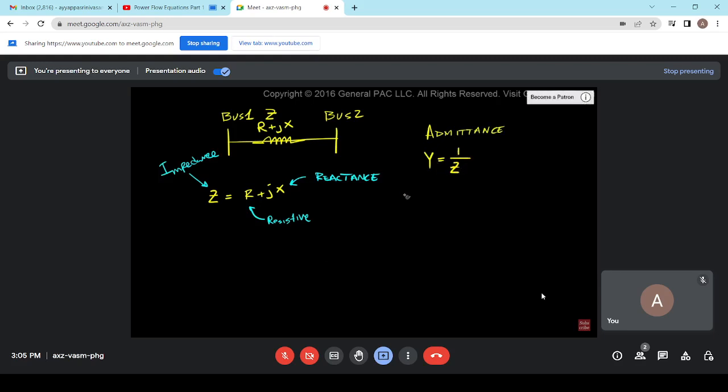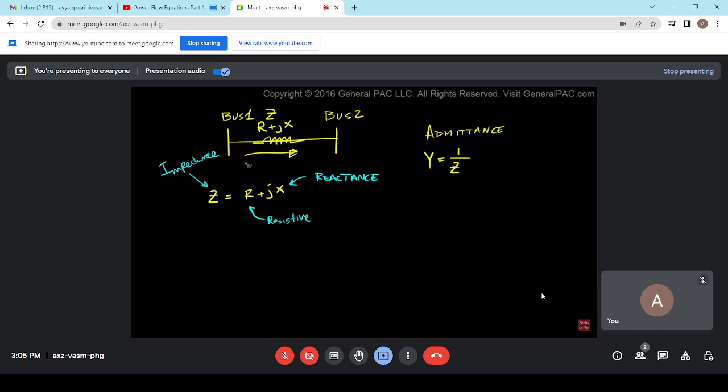So that's the admittance. If we think about it, impedance is the amount of impedance that the current will receive if it travels from bus 1 to bus 2, right? Impedance, which kind of makes sense in the English language. And then admittance is the reciprocal of impedance, or 1 over the impedance.